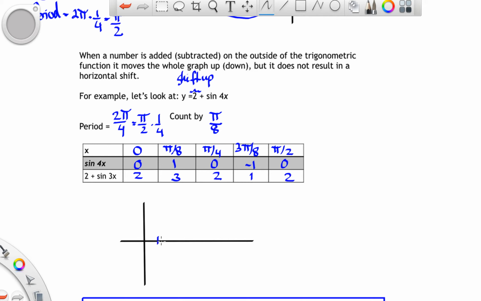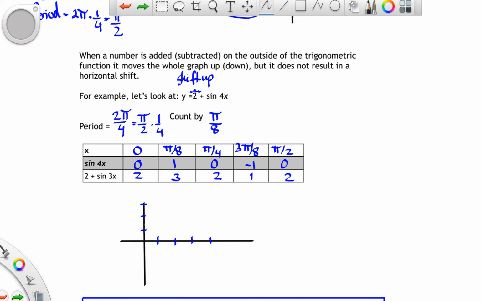So 0, pi over 8, pi over 4, 3 pi over 8, pi over 2. Sorry, I messed up. Let me go back. We need to start at 0, right?